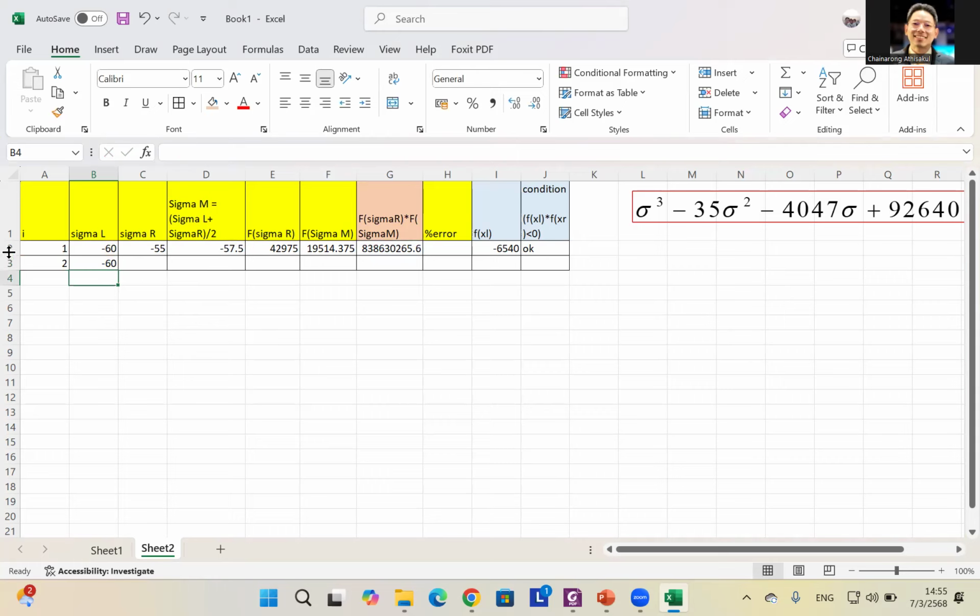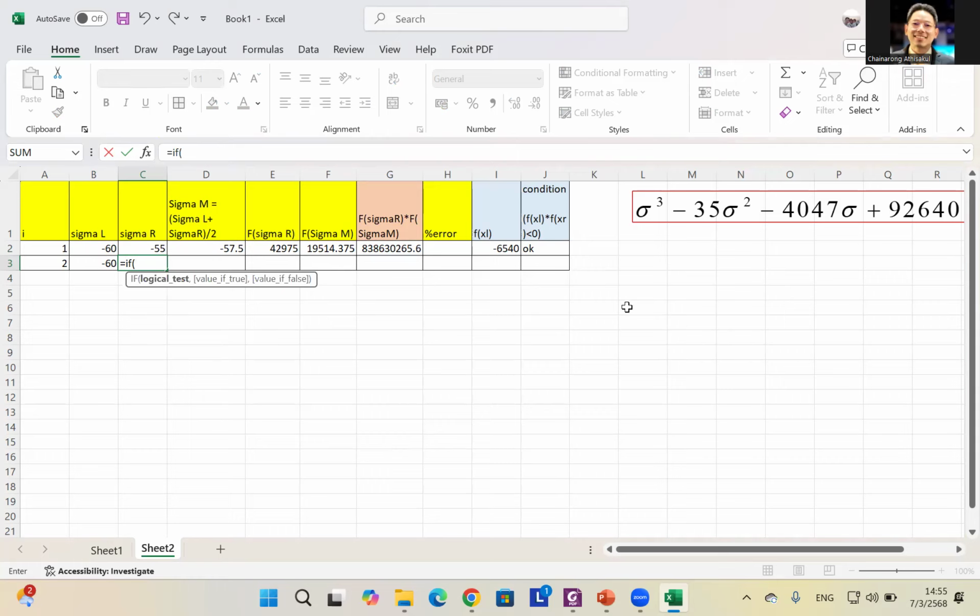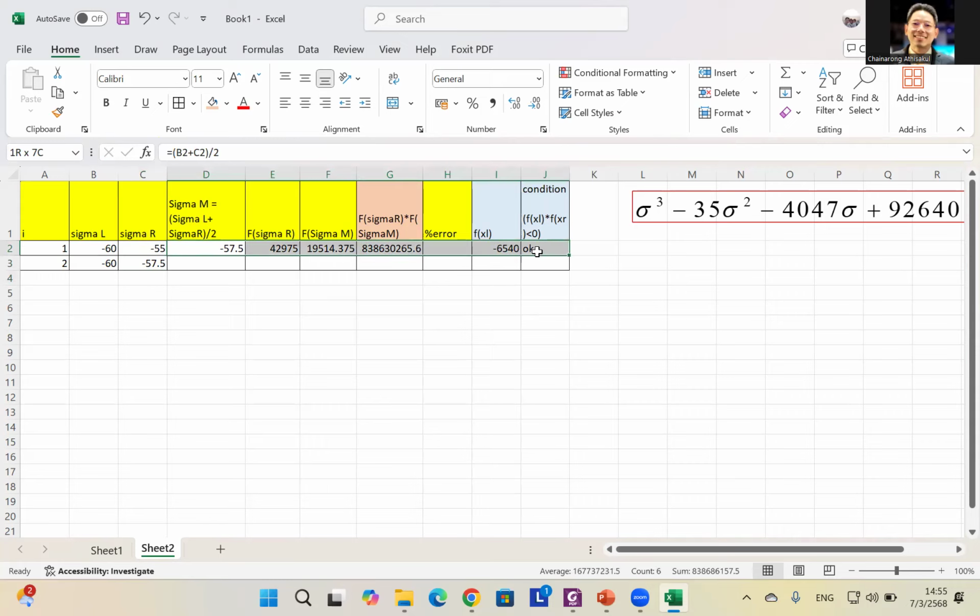And for this one, if this condition is greater than 0, it should be changed to xm, and if not, it should be the same. Are you all right? And how about this? It should be the same, right?